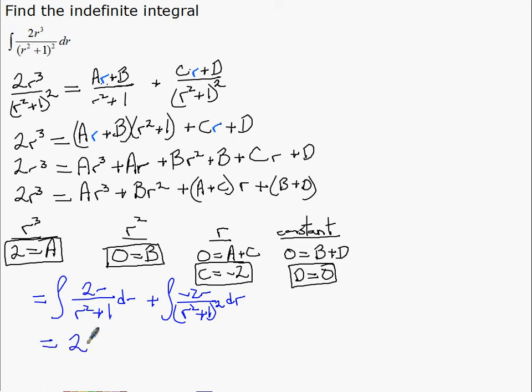Integrating gives us, we're going to use u substitution, which gives us ln of r squared plus 1 minus, again, the same u substitution. u is equal to r squared plus 1. r squared plus 1 to the minus 1 over minus 1 plus a constant.